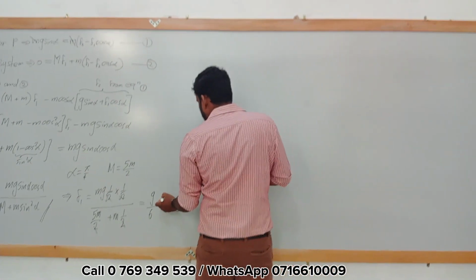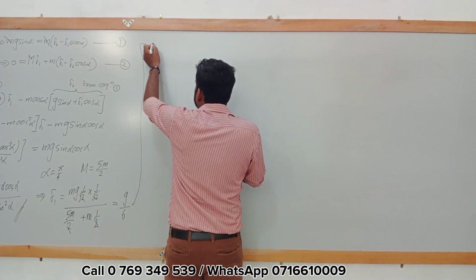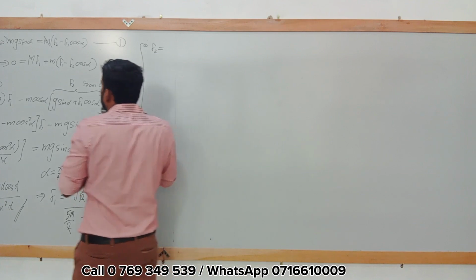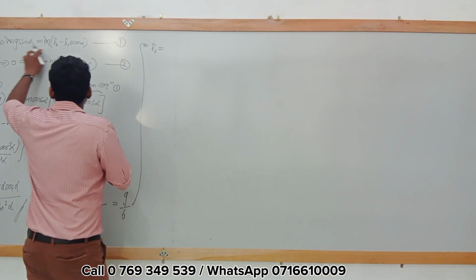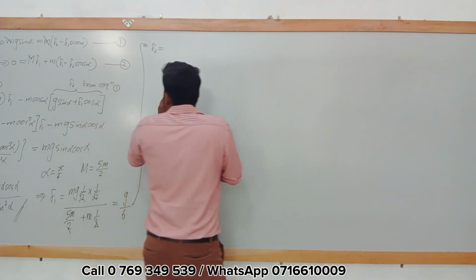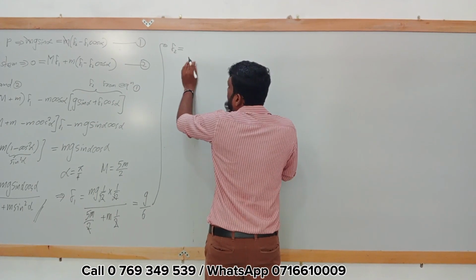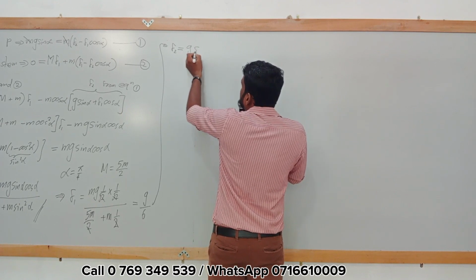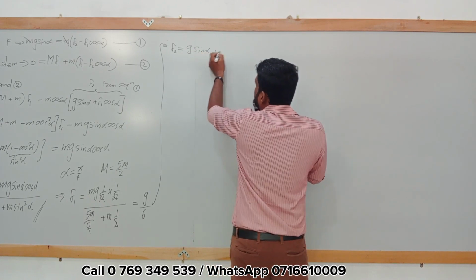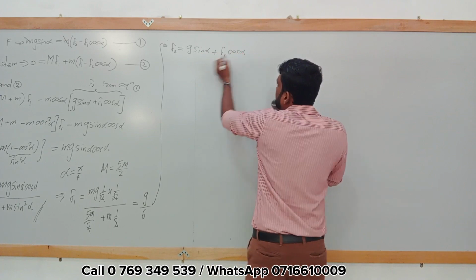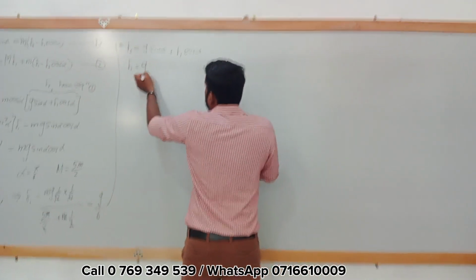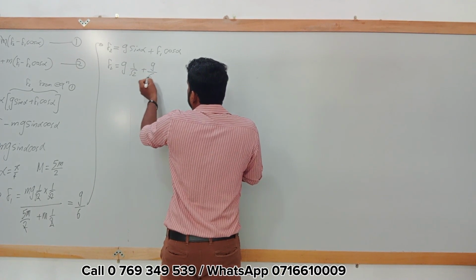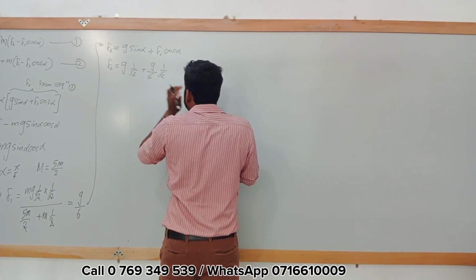Find F2. F2 equals, from equation 1. We can take equation 1. F2 equals g sin alpha plus F1 cos alpha. Then F2 equals g sin alpha, 1 over root 2, plus F1 is g over 6, cos alpha 1 over root 2.